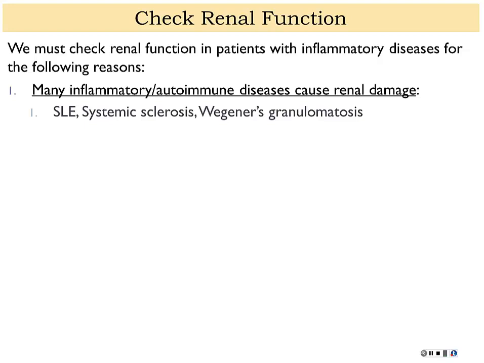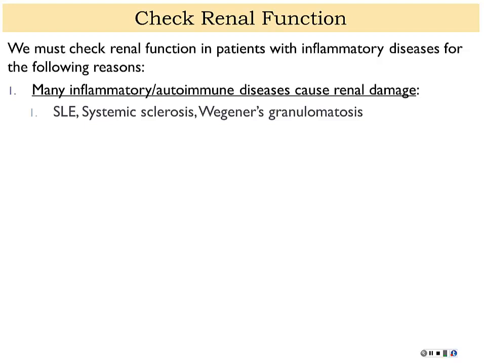So as I say here, we must check renal function in patients with inflammatory diseases for the following reasons. Number one, many inflammatory and autoimmune diseases actually cause renal damage. This is very true for patients with lupus, who often develop a subsyndrome, we might call it, called lupus nephritis. Systemic sclerosis, one of the major causes of death in those patients is hypertension, including pulmonary hypertension, and often renal failure as well.